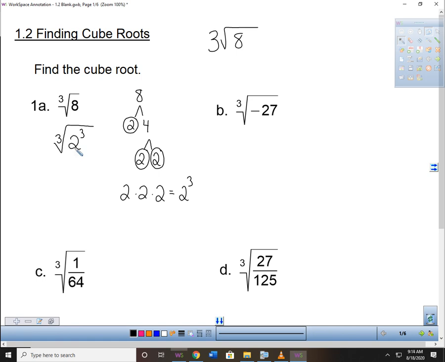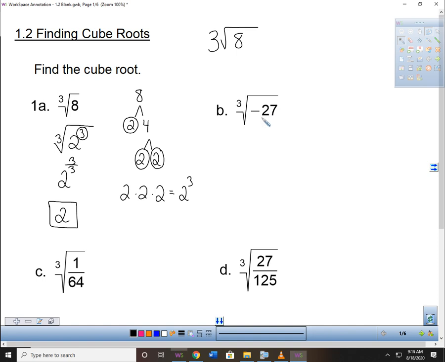Now I can rewrite this as 2 to the, take your power and divide it by the root, 3 divided by 3, which is 1. So we get 2 to the first, which is just 2. 2 times 2 times 2 is 8, right? So you just found the cube root of 8.